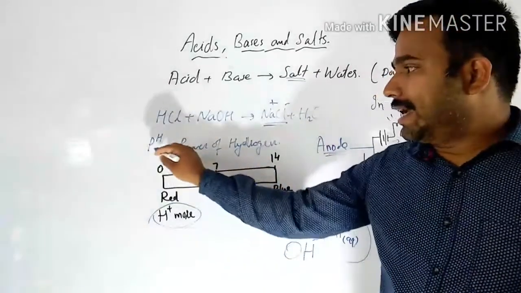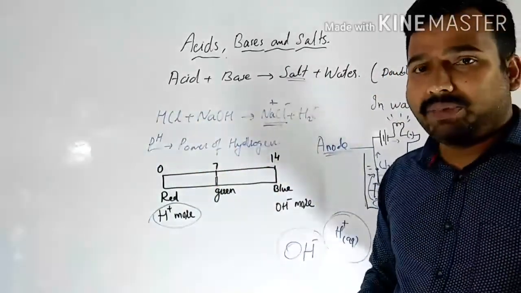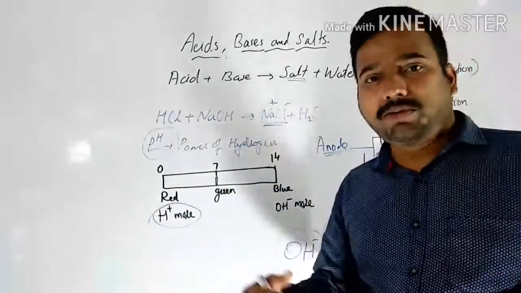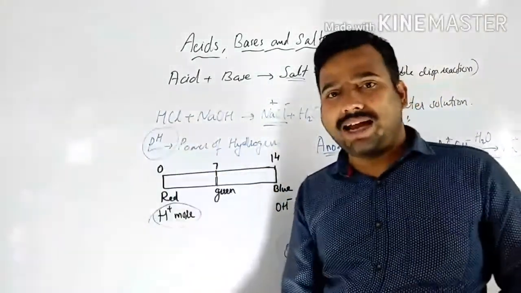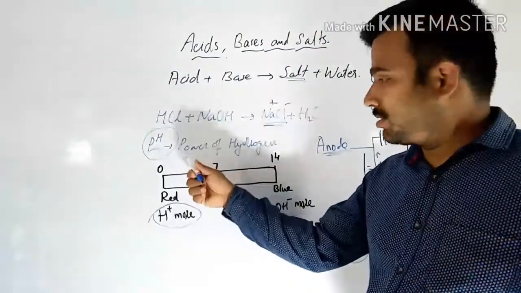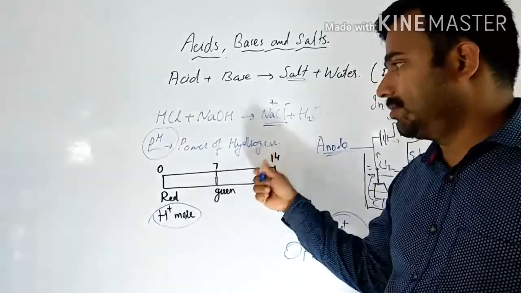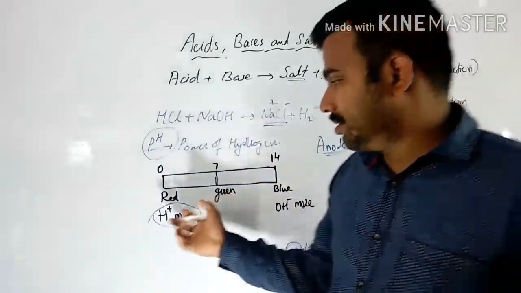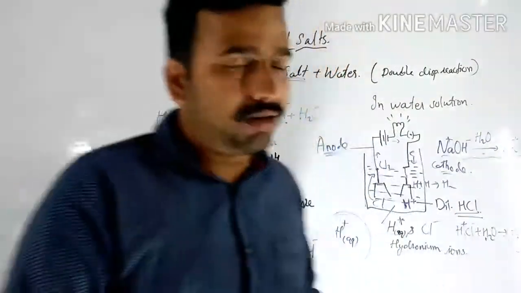So there exists a scale known as the pH scale. The pH scale was proposed by a scientist called Sorensen, which expresses the power of hydrogen in different solutions of acids, bases, and salts.